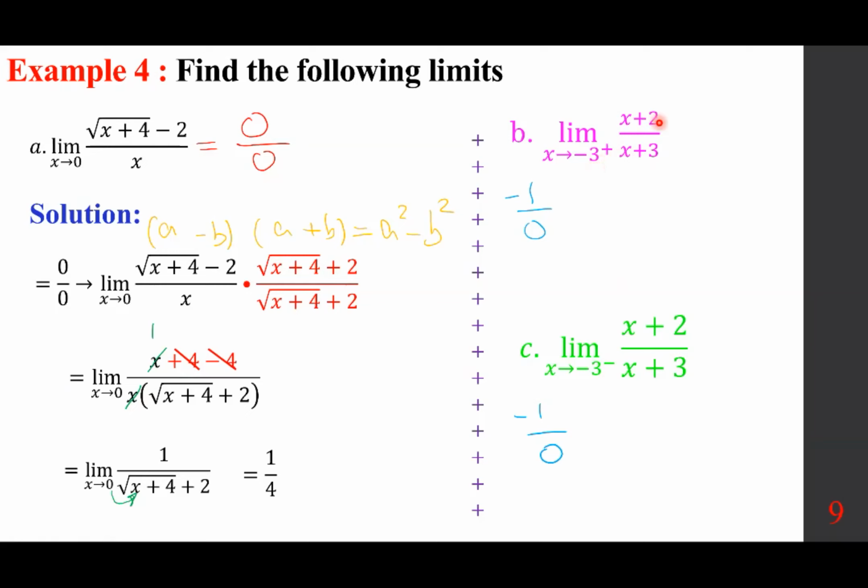And so when you add it to this one, it becomes like -0.99999. Whereas here, -3 from the left is like -3.0001. When you add it, it becomes -1.001. So the numerators are both very close to -1.